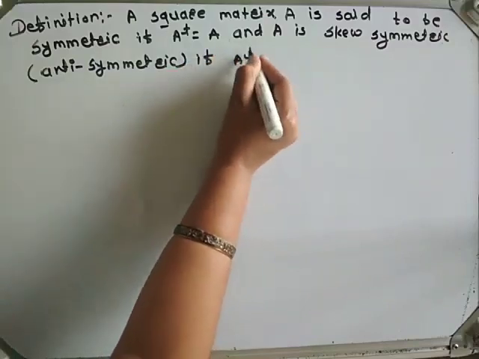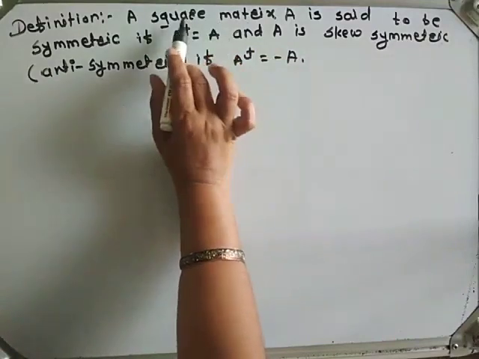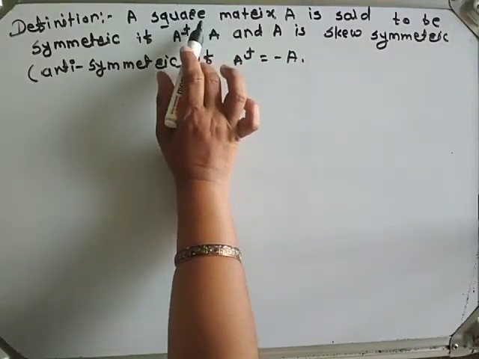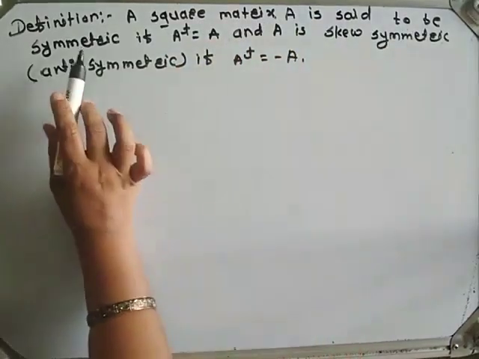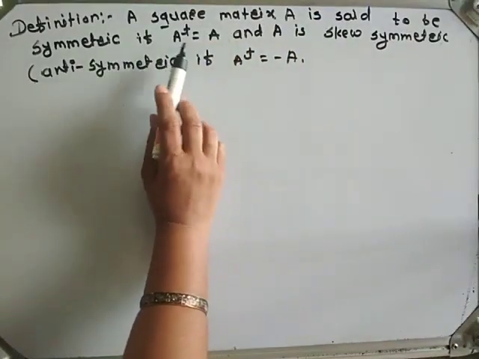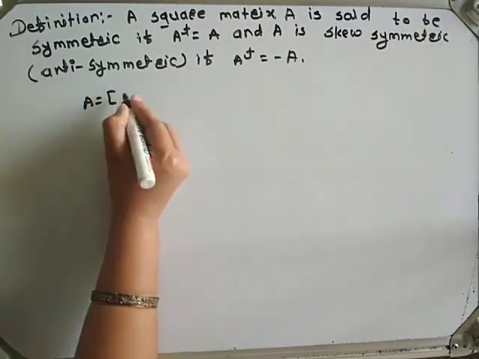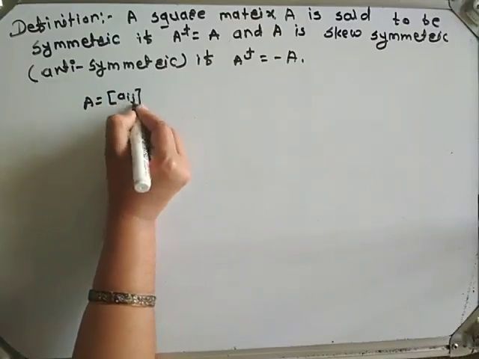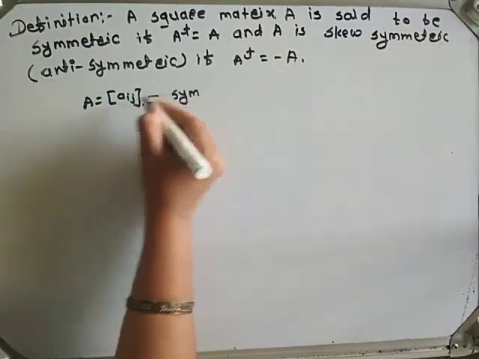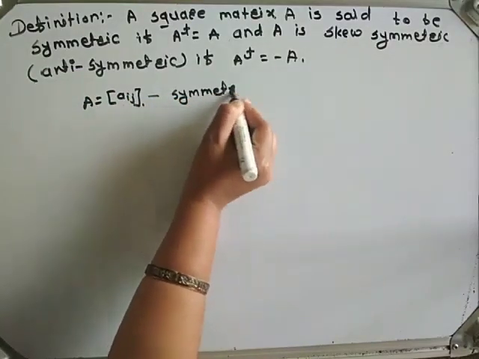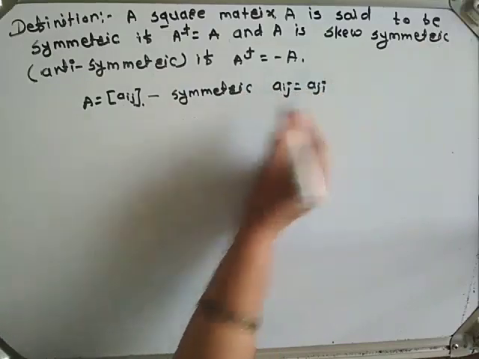If A transpose is equal to minus A. A square matrix means the number of rows and number of columns are the same. It is said to be symmetric if A transpose is equal to A, that is, if A is equal to matrix Aij, it is said to be symmetric if Aij is equal to Aji.